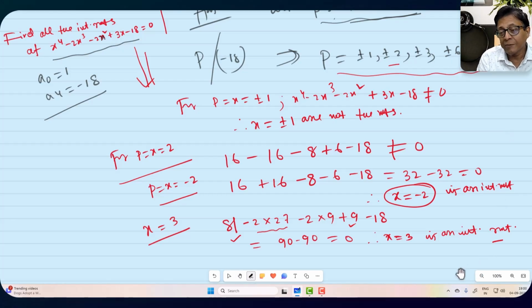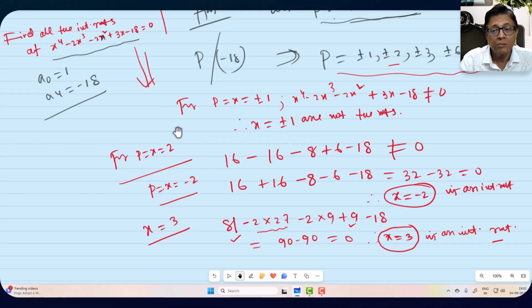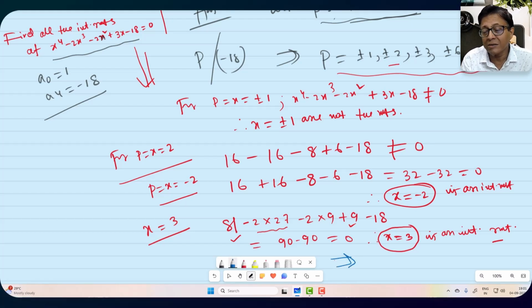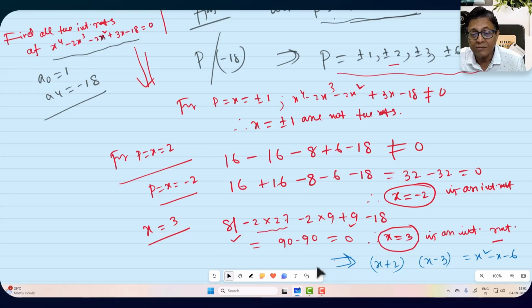The concept so far developed: as their roots, so their product as their root. This implies their product. What is the product? x plus 2, x minus 3, this is going to be x square minus x minus 6. Just check.